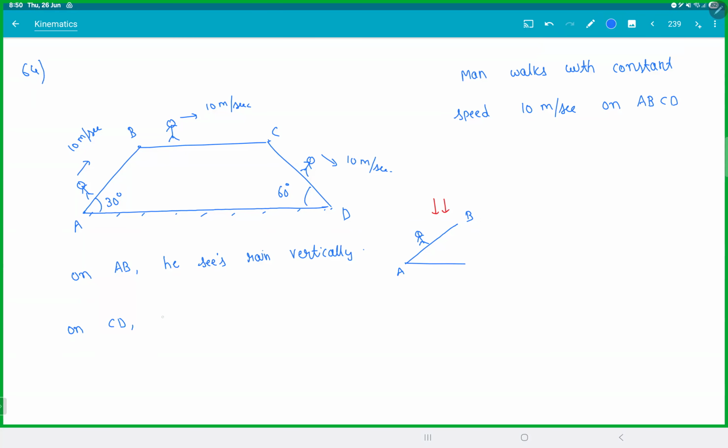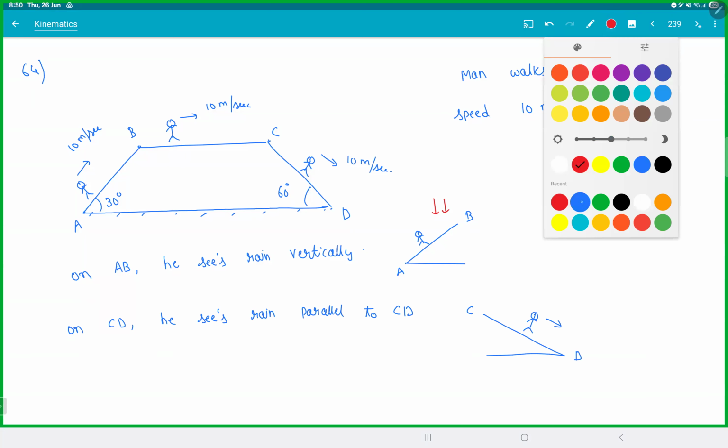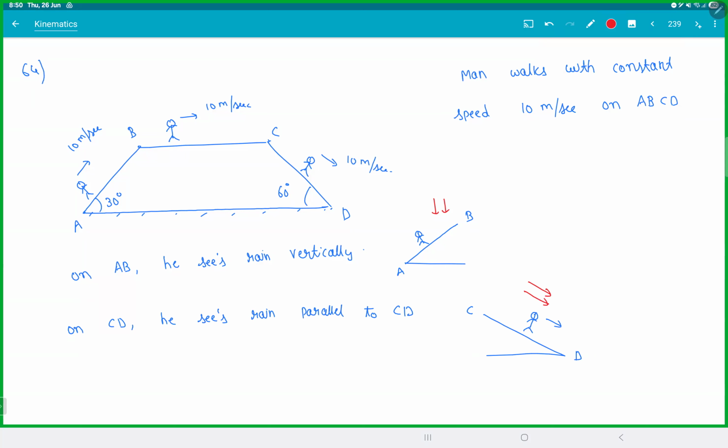On CD, he sees rain parallel to CD. That means when he's coming down from C to D, he thinks rain is falling like this, parallel to CD. So the question is, at what angle does he see the rain when he is on BC?